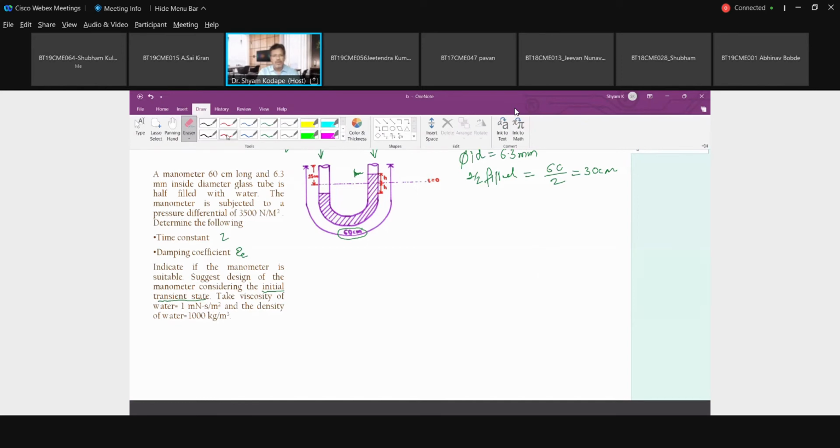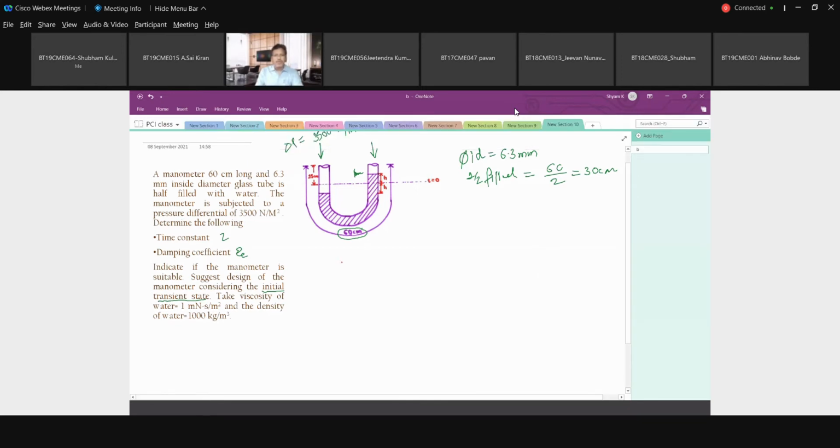Now, the pressure differential, if we consider how much pressure differential, it is 3500. Okay, delta P is equal to 3500 is given.